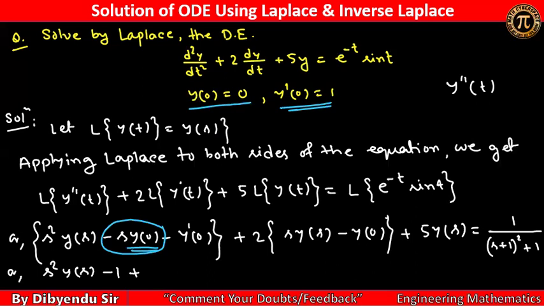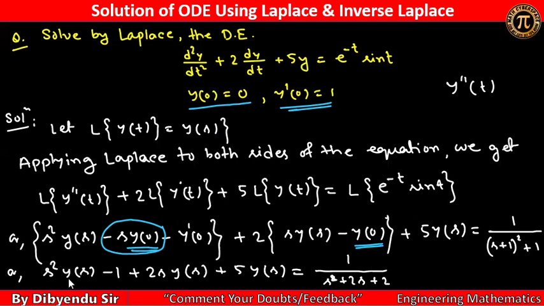Again y(0) equals 0, so you just write 2 into s Y(s), plus 5 Y(s). This equals 1 by, if I simplify this, s squared plus 2s plus 2.